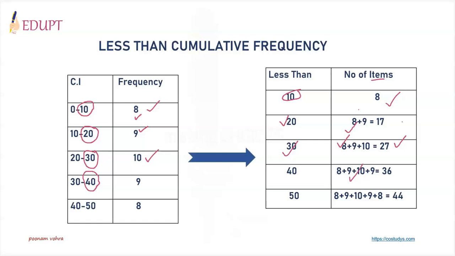Similarly, in the last class interval, the highest class limit is 50. So the sum total of all the frequencies, that is 8, 9, 10, 9 and 8, is 44. So in less than cumulative frequencies, frequencies are added starting from the upper limit of the first class interval.